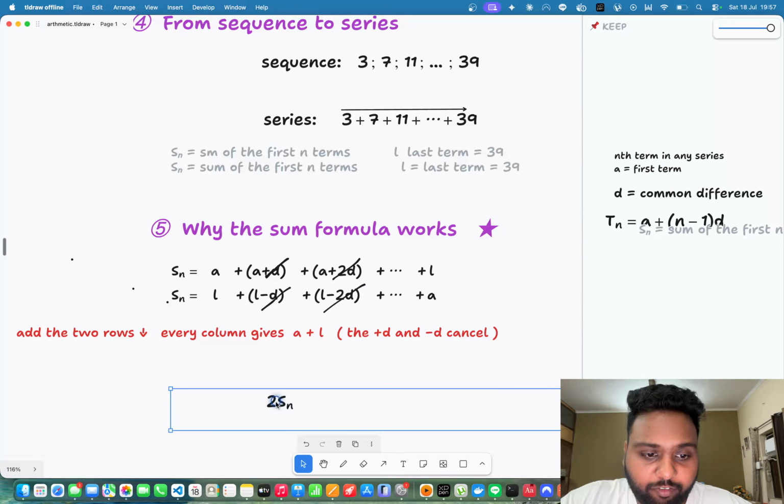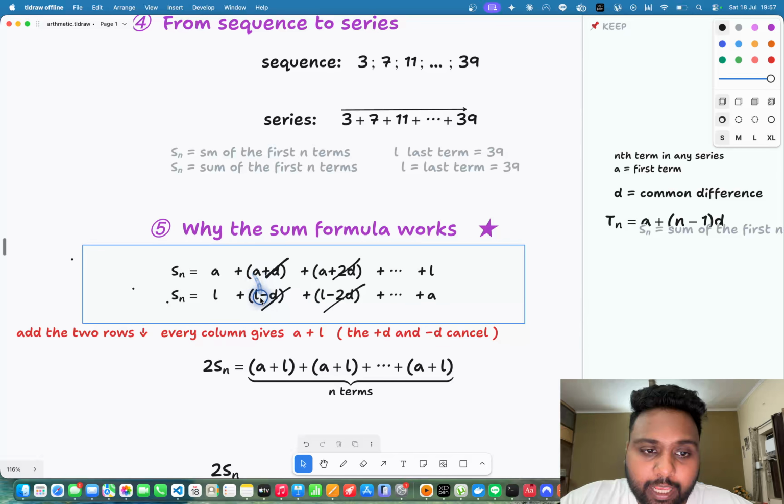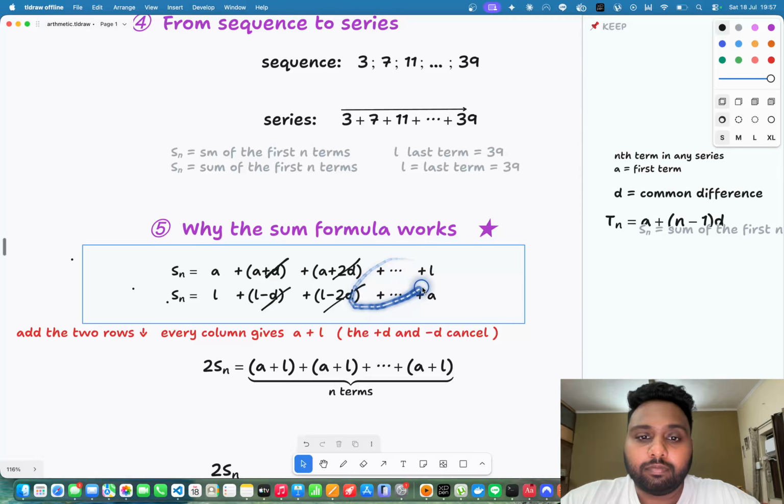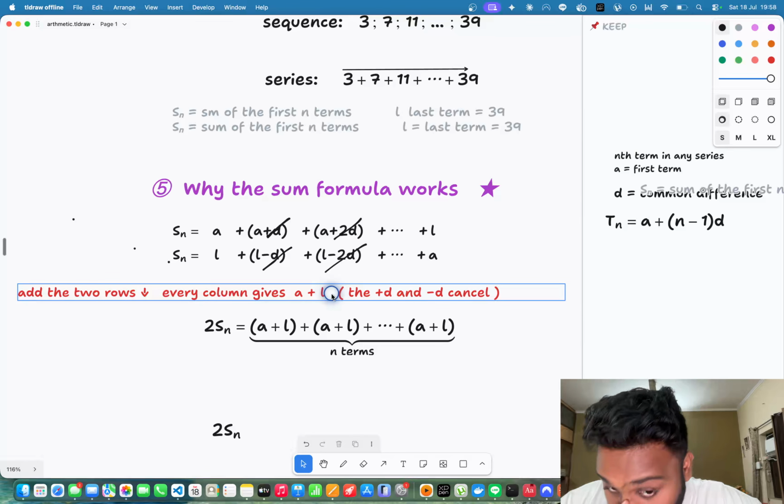What we get left with is A plus L, A plus L, A plus L. These are all n minus 1 terms, and this will also get added. For every pair we got one L and one A, and our D is essentially removed.